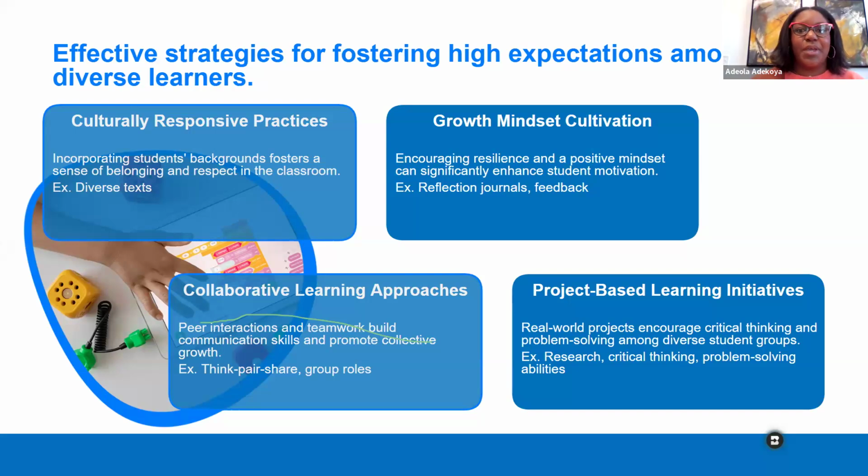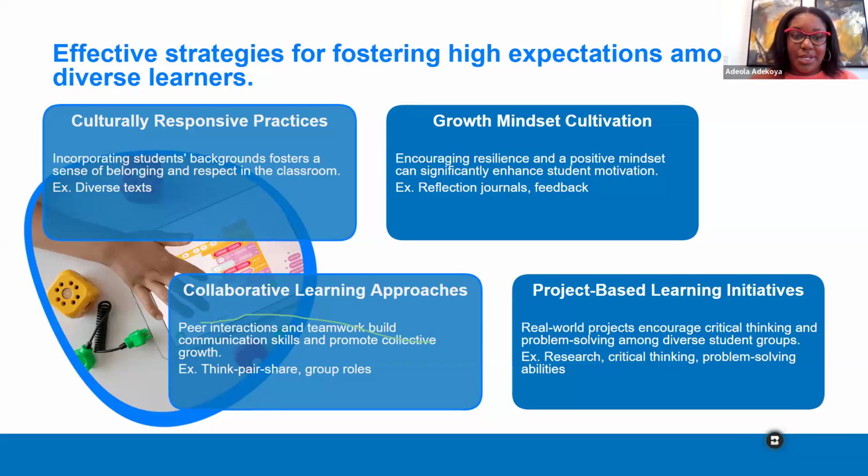So say, for instance, we have a student who is from Delta State or is Urhobo. You bring in a text about something happening there, and that way the student feels included in the learning environment. You can also do it through examples, storytelling, and inclusive discussions as well.